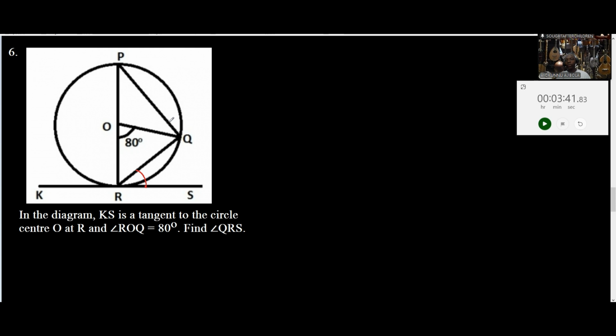Of course, we know that triangle ORQ is an isosceles triangle. So if this is 80, the other two are going to be 50 and 50 to make 100, because the base angles must be equal. Is that clear?